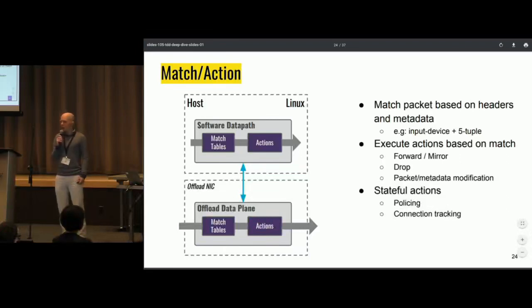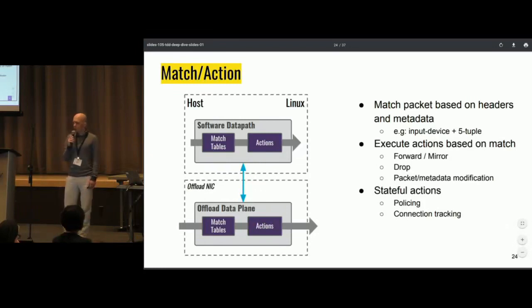The first step is that we do some kind of header extraction. We pull out some fields, for example, the 5 tuple. But we also have metadata, for example, the port that the packet arrived on. Other things can also be available. Then using this data, we typically do a hash, and then looking up in the hash table, we try to find a match.